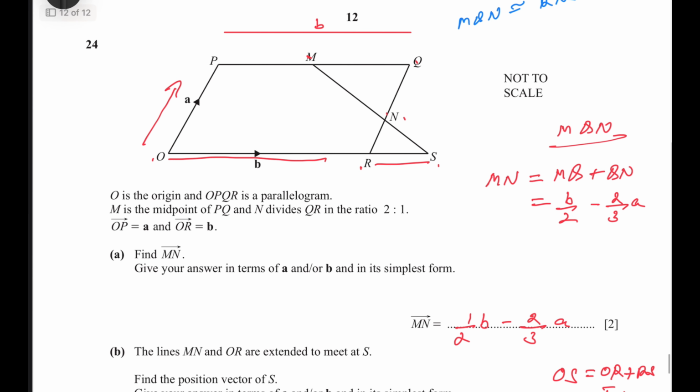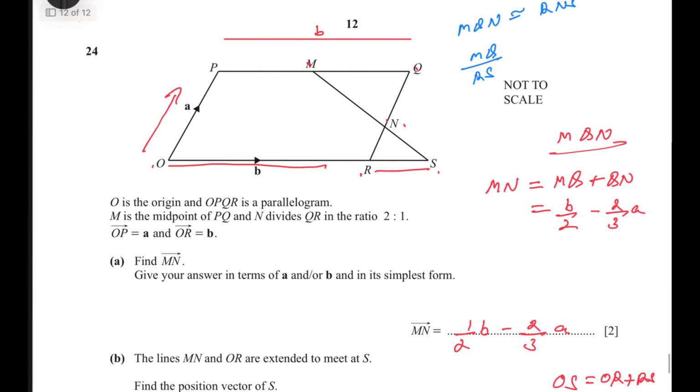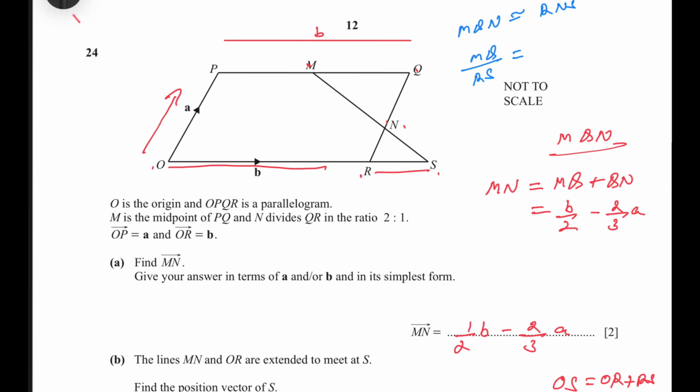If we take the ratio MQ by RS, because we have to find RS only, this should be equal to QN by NR. We know that QN was minus 2 by 3A and NR was minus 1 by 3A.